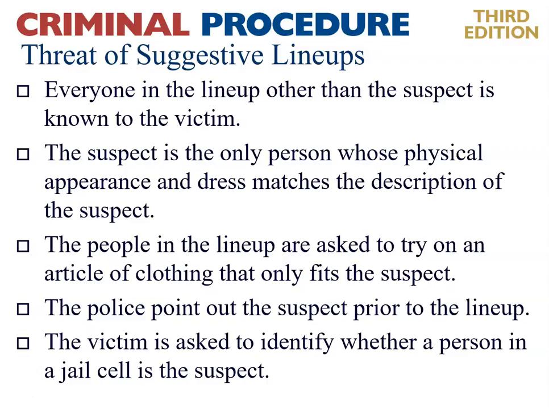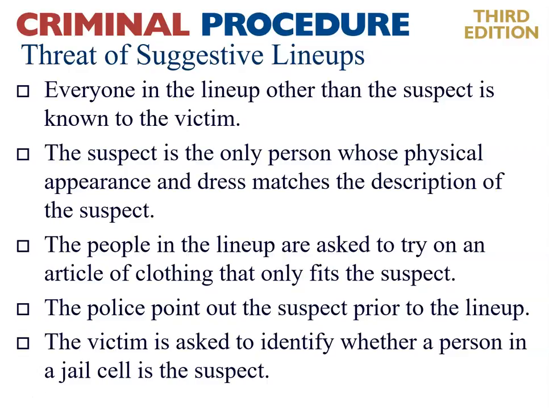Number 2, the suspect is the only person in the lineup whose physical appearance and dress matches the description of the suspect. Remember, I talked about the fact that people need to look the same or somewhat the same, even in their dress.